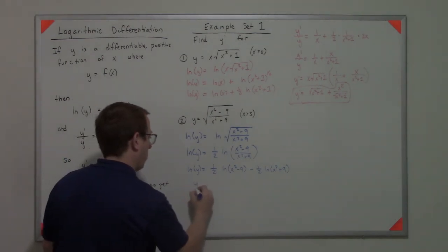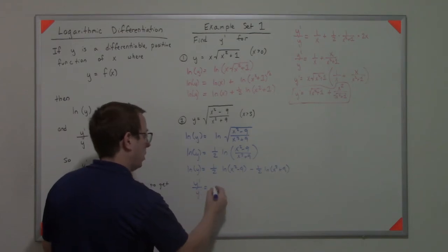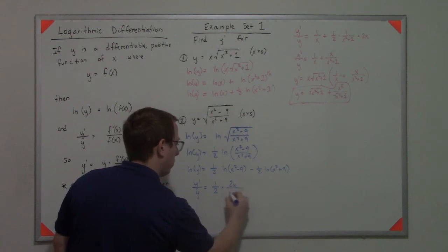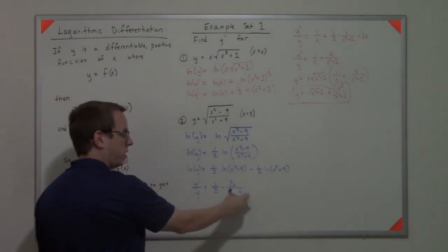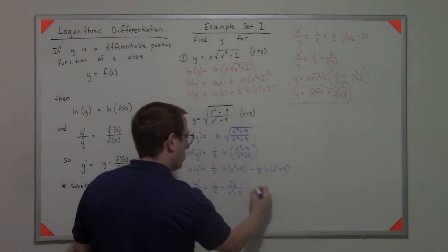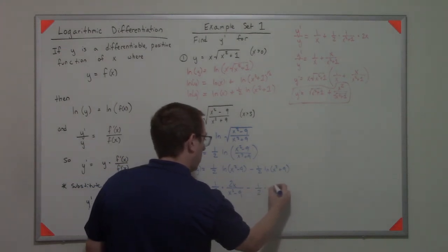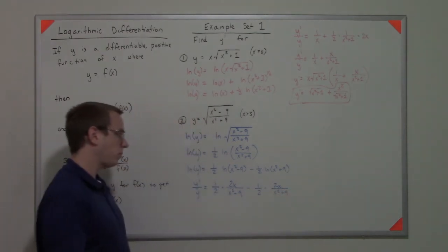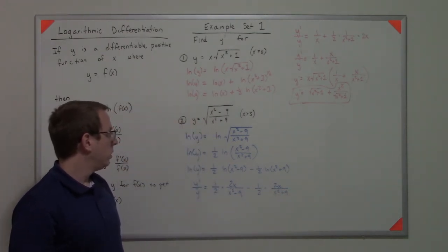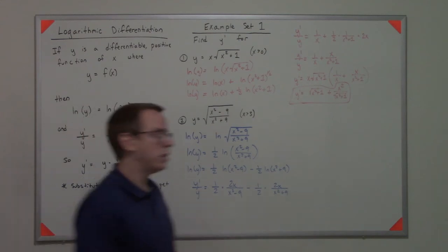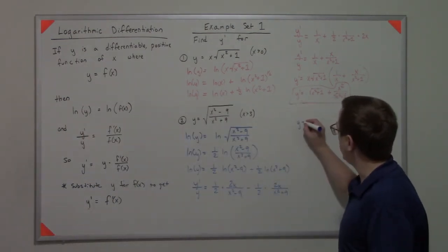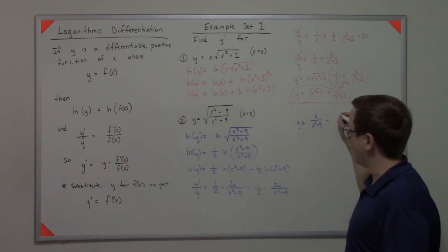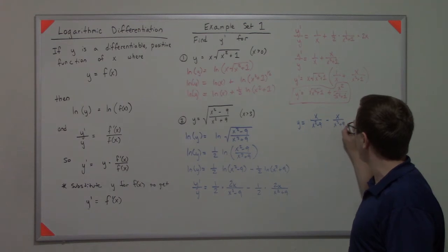Now we do the derivative. We say y prime over y is 1/2 times 2x over x squared minus 9, because it's 1 over this times its derivative, minus 1/2 times 2x over x squared plus 9. So we can simplify that: y prime over y equals x over x squared minus 9 minus x over x squared plus 9.